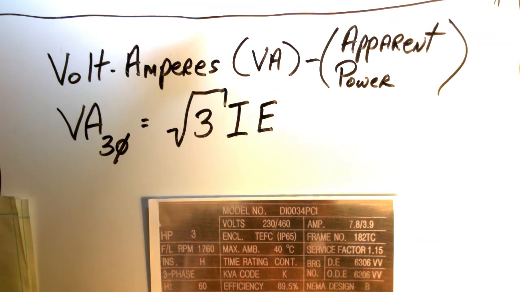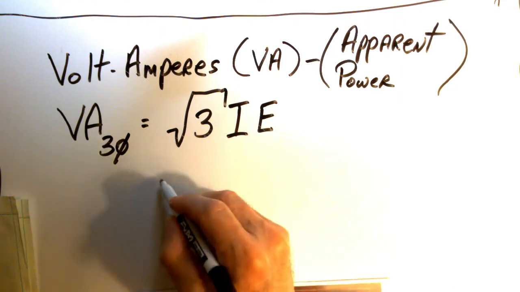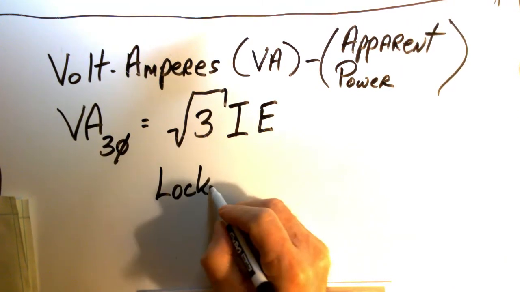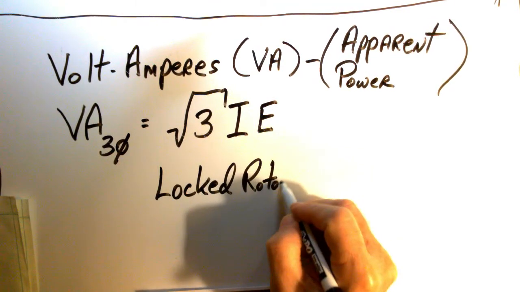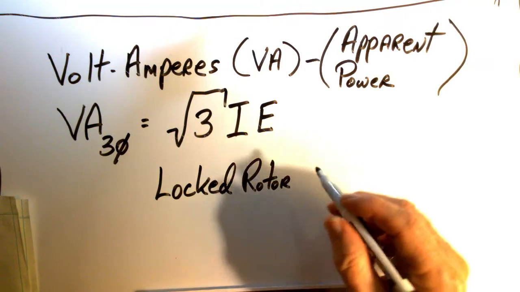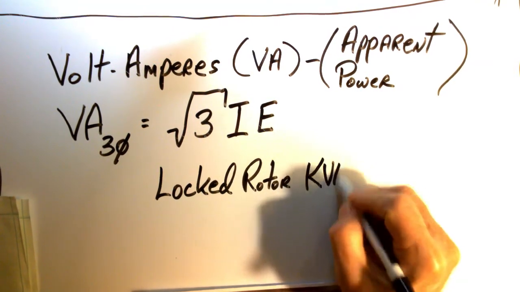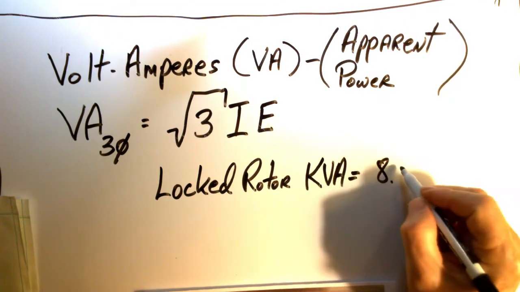I'm going to pick a mid-range. Let's pick locked rotor kVA equal to 8.5.